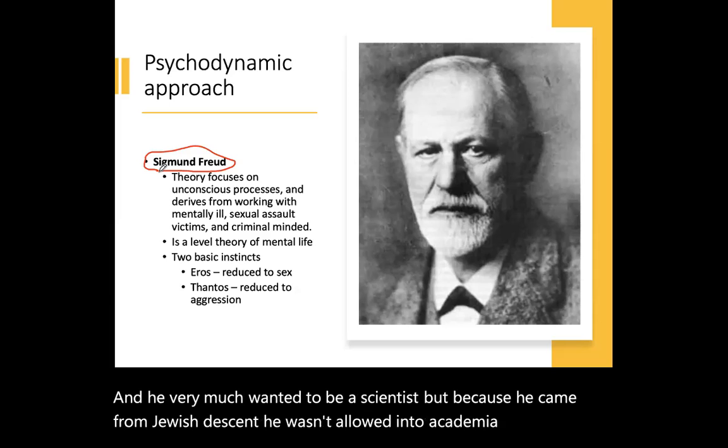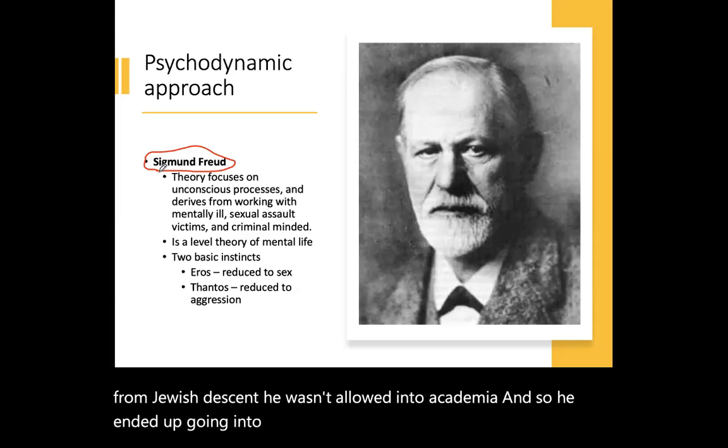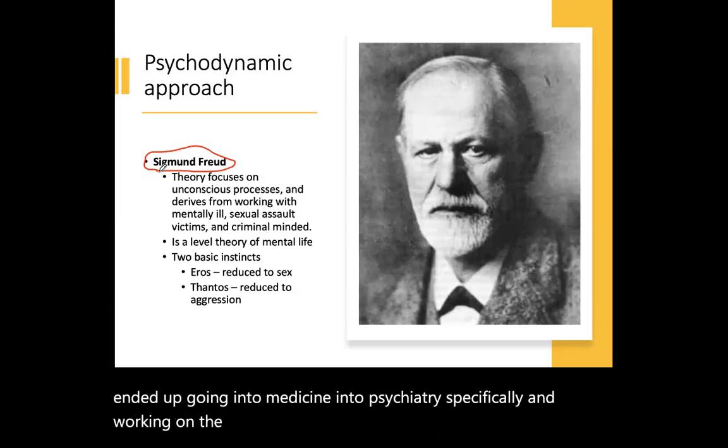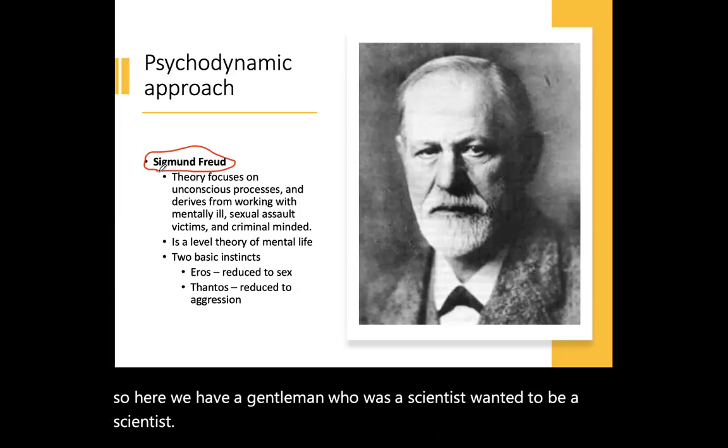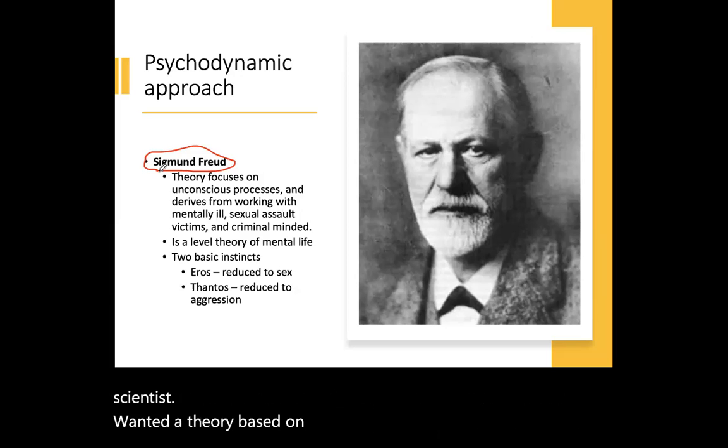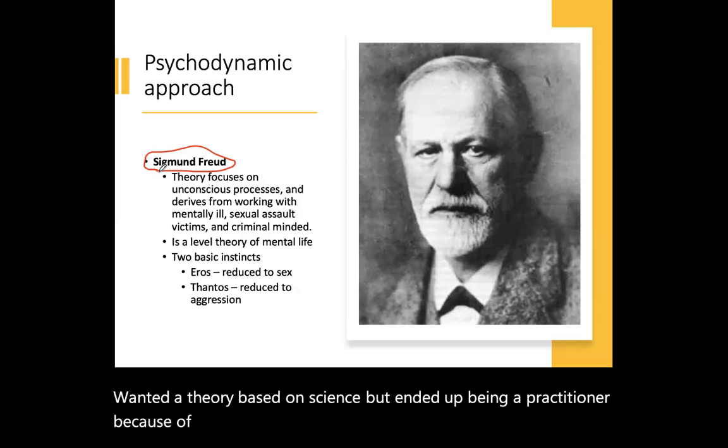And so he ended up going into medicine, into psychiatry specifically, and working on the neurological aspects of human behavior, okay? So here we have a gentleman who wanted to be a scientist, wanted a theory based on science, but ended up being a practitioner because of his religion and culture and ethnicity.